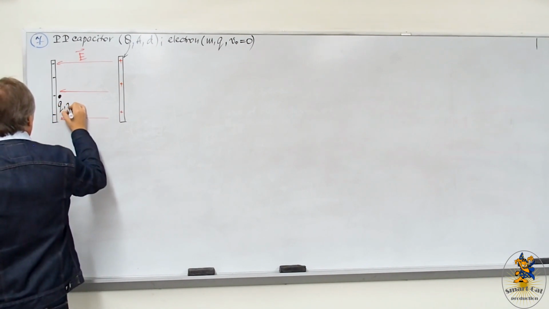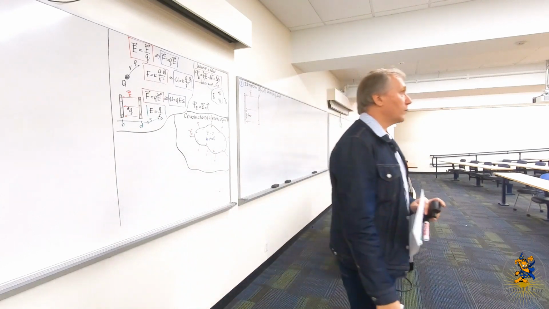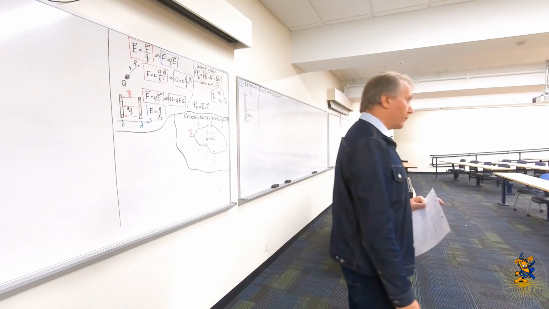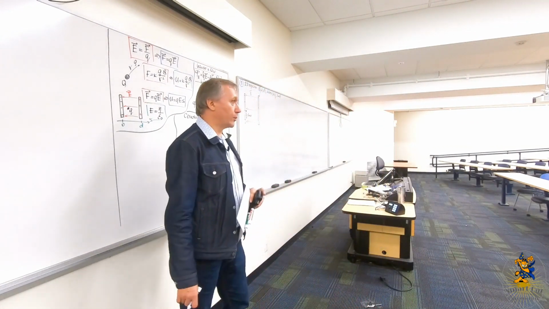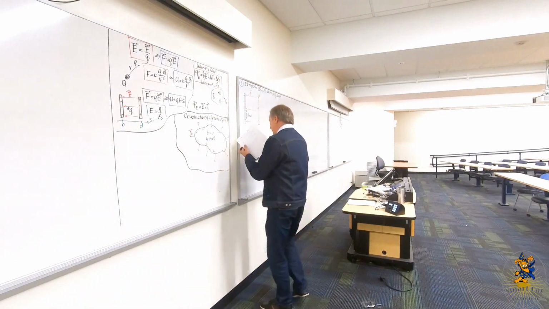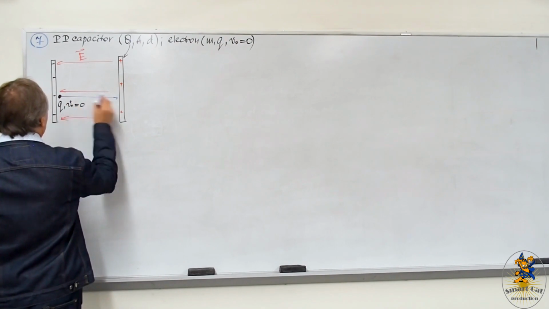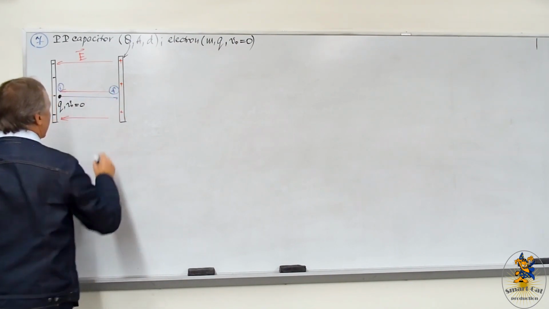So V naught equals 0. Of course, you can tell me immediately what this electron is going to do. It will be repelled by the negative electrode, attracted by the positive electrode. So it is going to fly to our right. So this will be our initial point. This will be our final point.